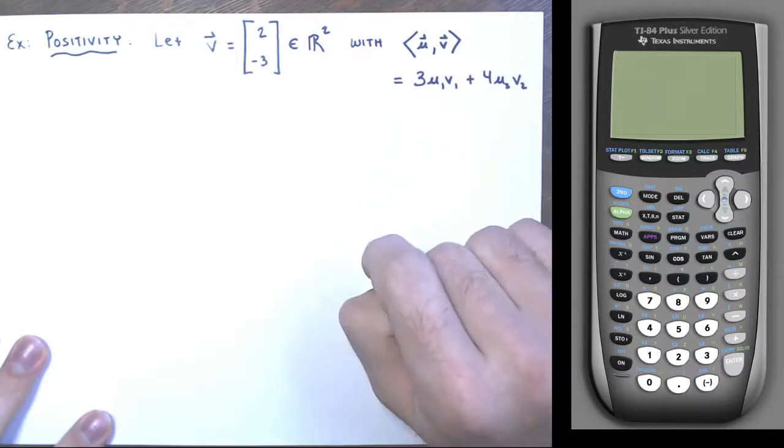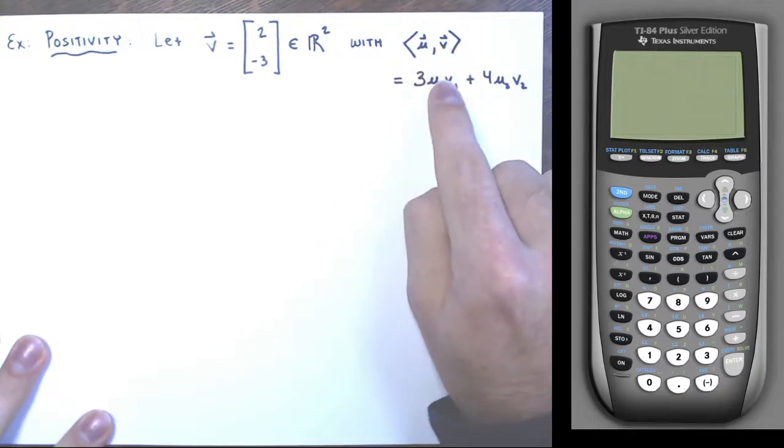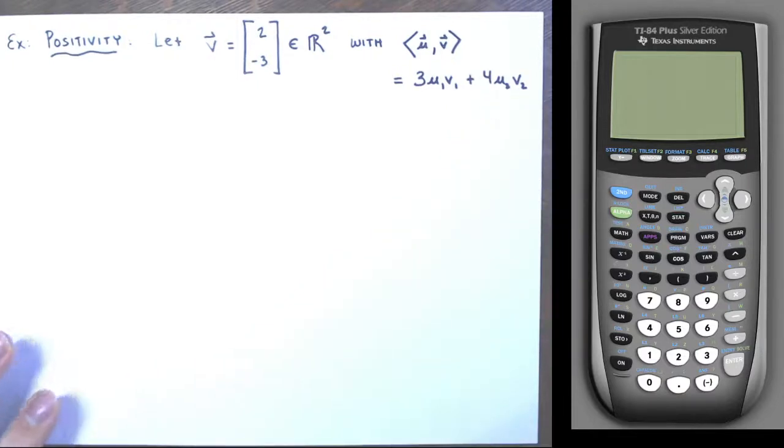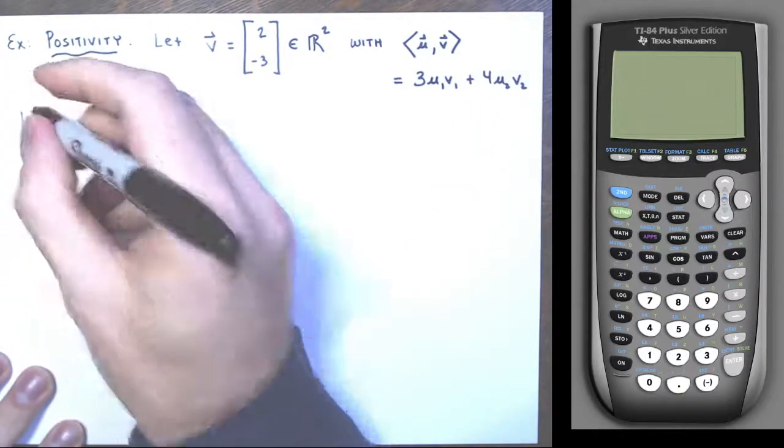There are other positive numbers. So here the inner product of two vectors is 3 times the product of the first components plus 4 times the product of the second components. And let's find the norm of v under this inner product.